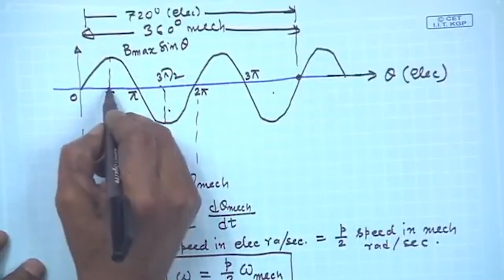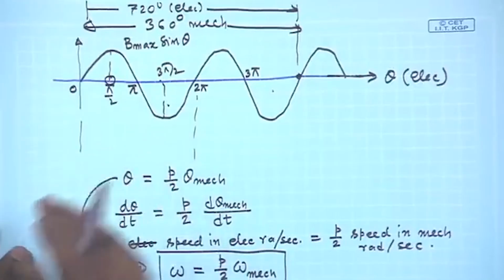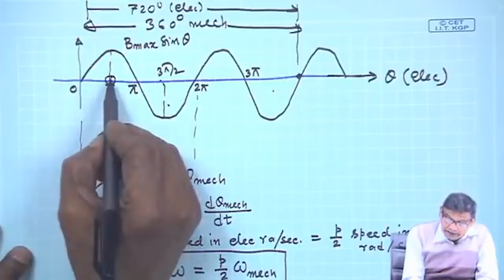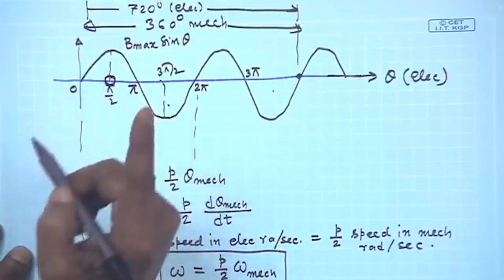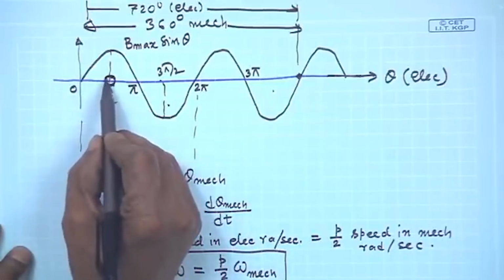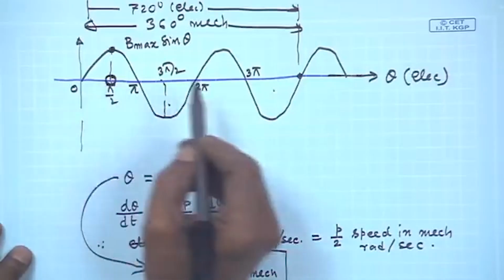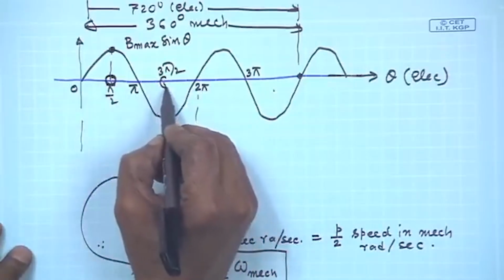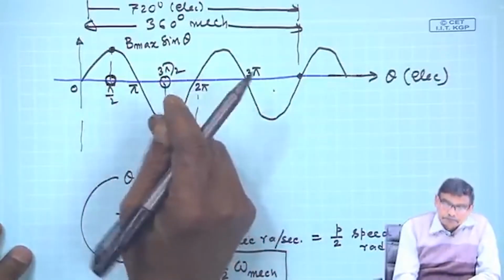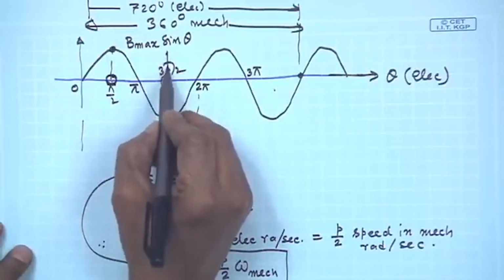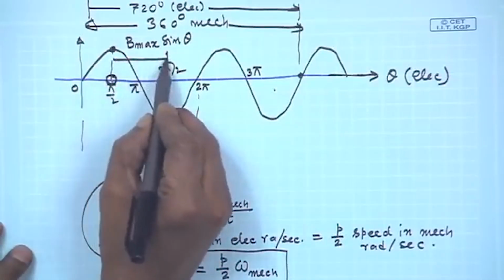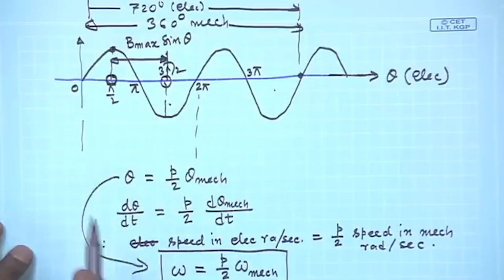Now, if you want to make a coil, you must ensure that if this coil side comes under plus B max, its return is under minus B max. That is how this separation should be. Now, what should be this separation angle for maximum voltage?